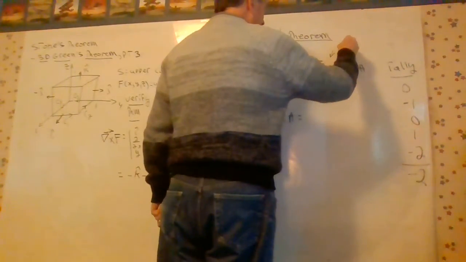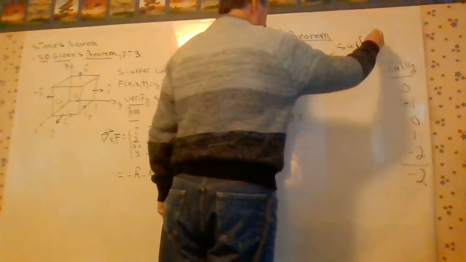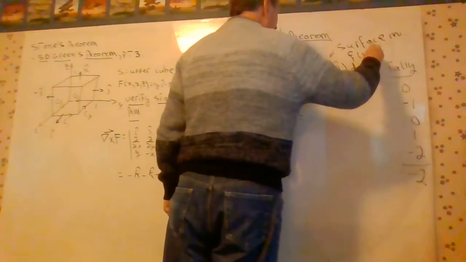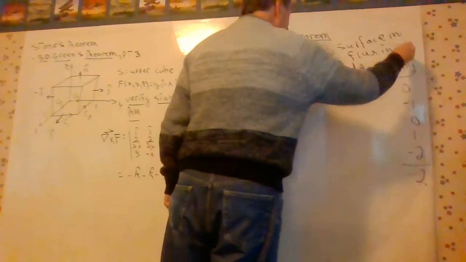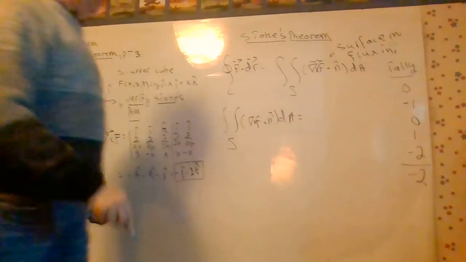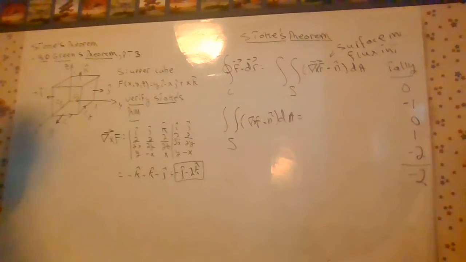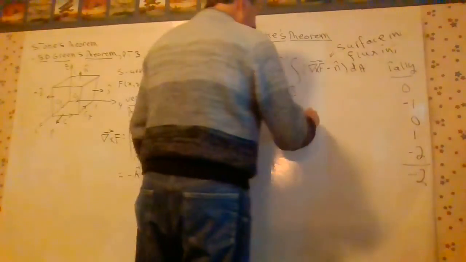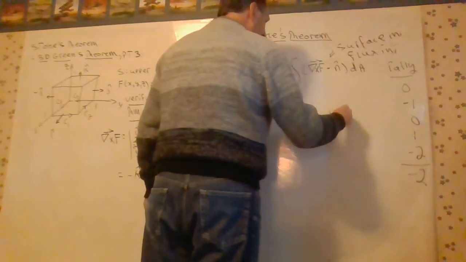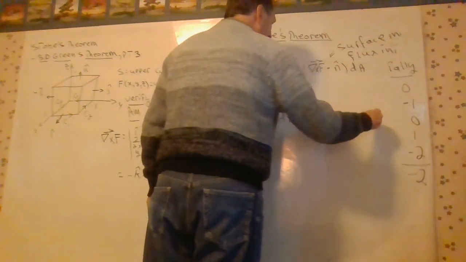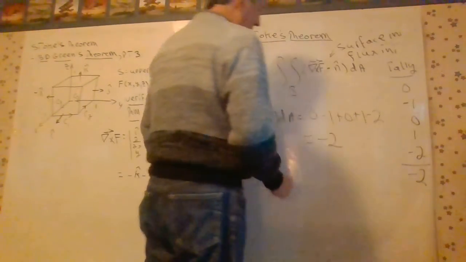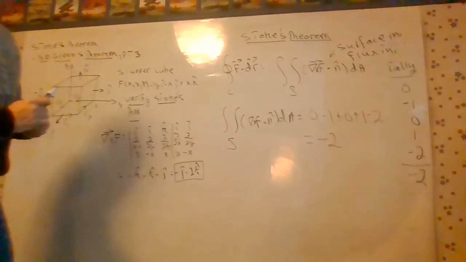It's also called a flux integral. You're really calculating the flux of the curl, and that's a type of surface integral. This is equal to 0 minus 1 plus 0 plus 1 minus 2. And the grand total is minus 2.